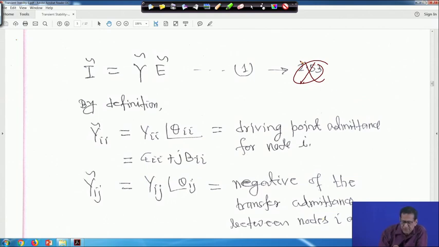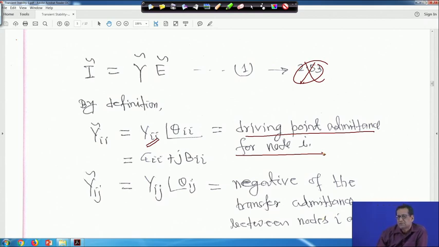So, by definition Yii tilde, from load flow studies you know, is Yii angle theta ii. Yii is the magnitude, and theta ii is the angle, and this is called the driving point admittance for node i.